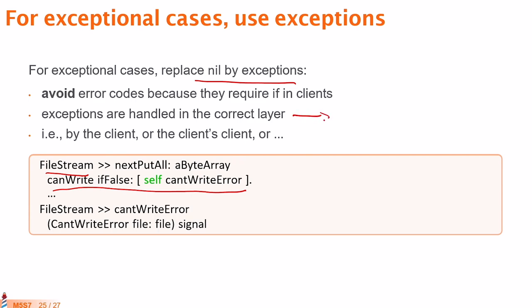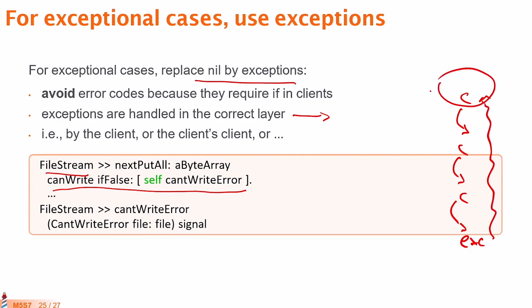Then it is up to the client to manage the exception, but since exceptions bubble up in the call stack, we have methods that call each other, and at some point we have an exception, the exception automatically bubbles up the stack, and then we can manage it in the correct layer. We don't need to manage it directly in the caller, as was the case for the nil check.